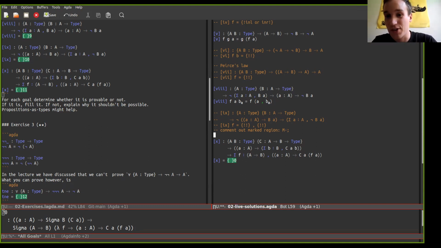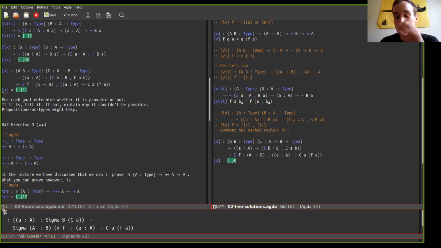I've found this one tricky when I learned type theory, because when you read it out, it means that if for all A there exists a B such that C of A and B, then there exists a function from A to B such that for all A, C of A and F of A. If you read it naively like this, it reads like the axiom of choice, and you might have heard that the axiom of choice is non-constructive.